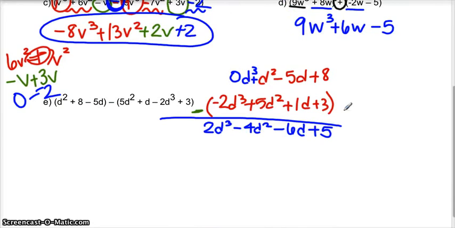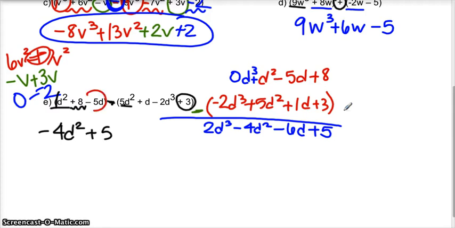but I want to walk you through it horizontally as well. I have 1d squared minus 5d squared. So 1 minus 5 is a negative 4d squared. I have an 8 minus 3.